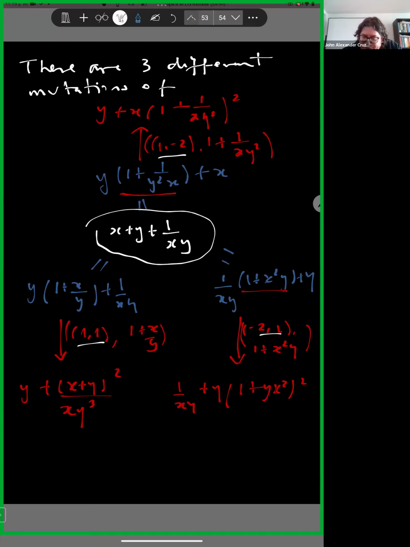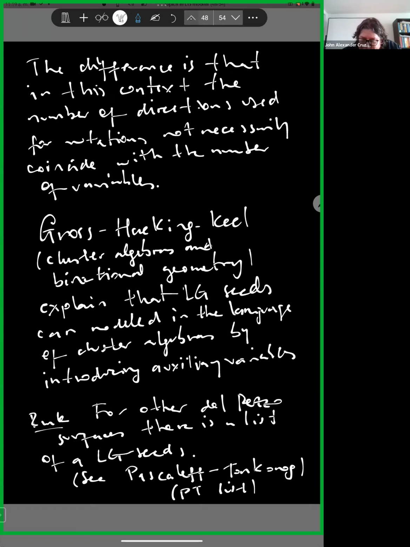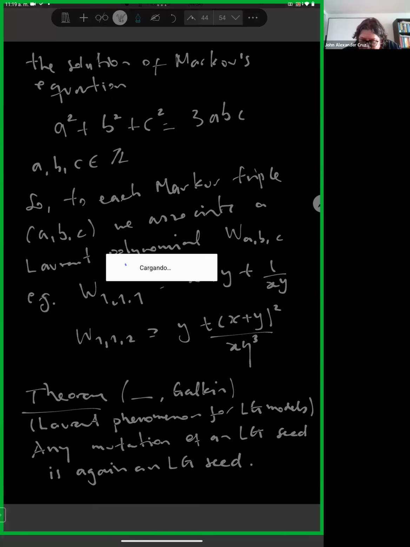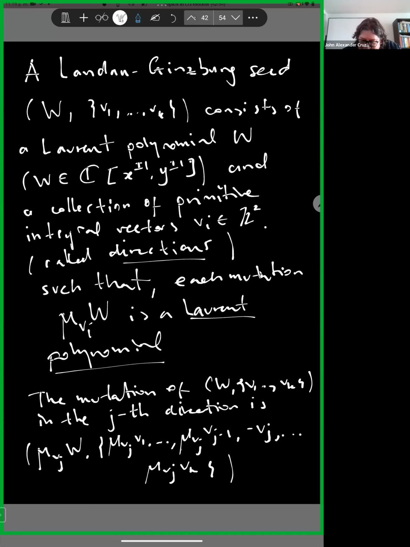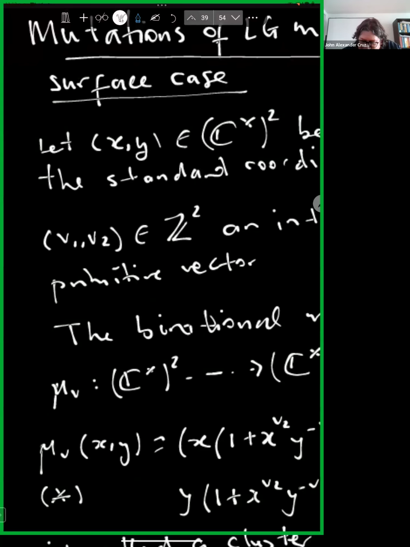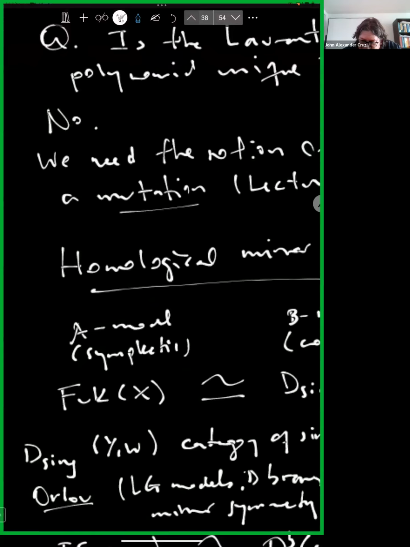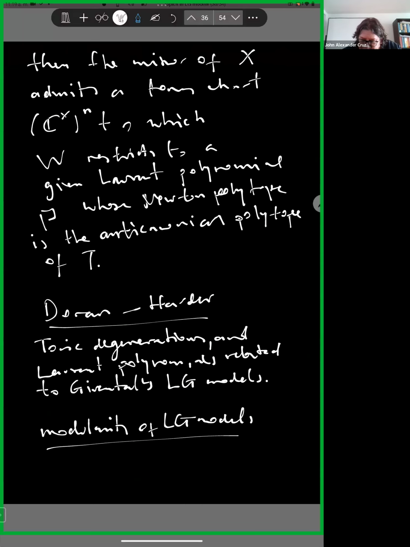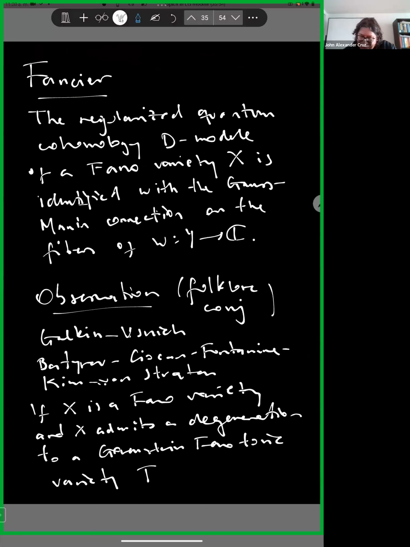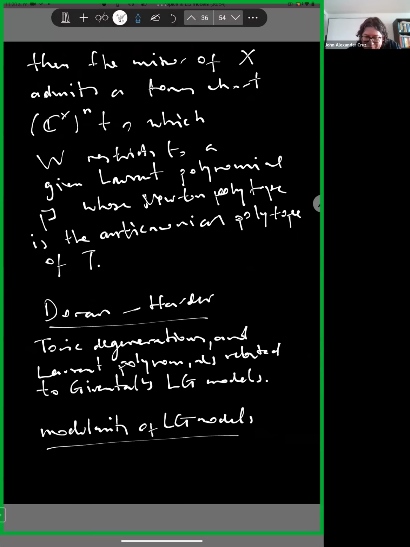conjecture I gave in the previous section, let me just go back to this folklore conjecture. You have this folklore conjecture, remember? If X is a Fano variety and X admits a degeneration to a Gorenstein Fano toric variety T, then the mirror of X admits a torus chart such that the Landau-Ginzburg model is given by this Laurent polynomial.